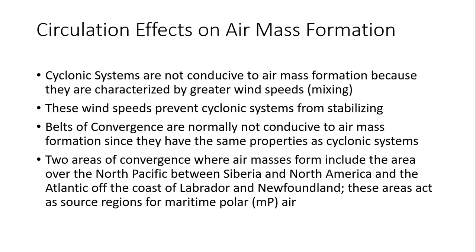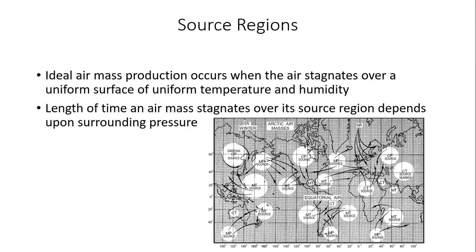But just keep in mind that these areas of convergence are typically associated with the Alaskan low, or sometimes known as the Aleutian low, named after the Aleutian Islands in Alaska, as well as the Icelandic low over the North Atlantic.